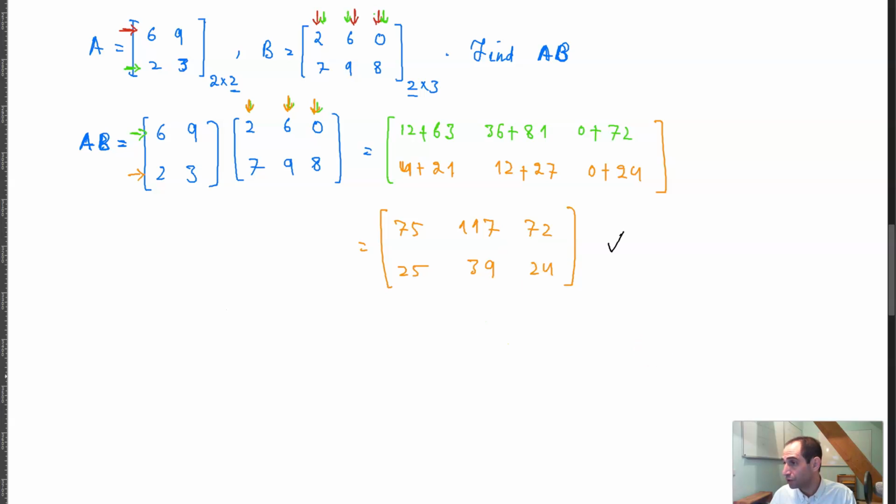Now, as a remark, if AB is defined, then BA need not be defined. Meaning that, for example, if we have this matrix A here and matrix B here, and we checked and AB was defined, so we did the calculation and we got the matrix as well. If AB is defined, then of course you cannot say that BA is also necessarily defined.